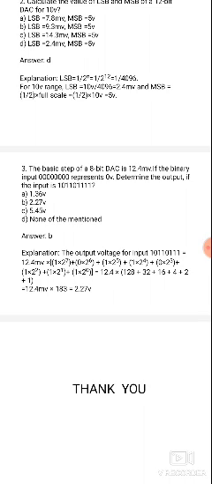Determine the output if the input is 10110111. When the binary inputs are all 0, it represents only a 0 value. So, determine the output if the binary input is 10110111.